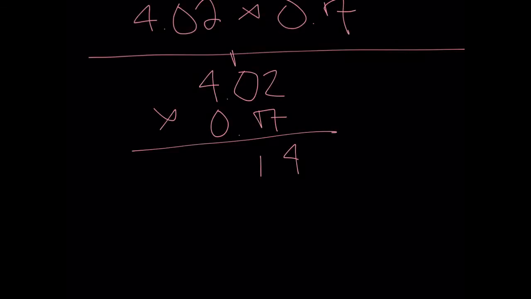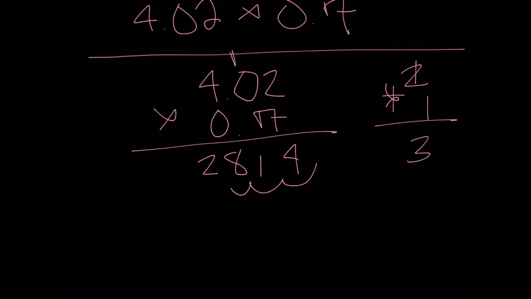And then 7 times 4 is 28. And to this side, you're going to put how many numbers there are, so where the decimals are going to go. So over here, it's 2 plus 1, which equals 3. So you're going to go 1, 2, 3. So it's going to be 2 and 814 thousandths.